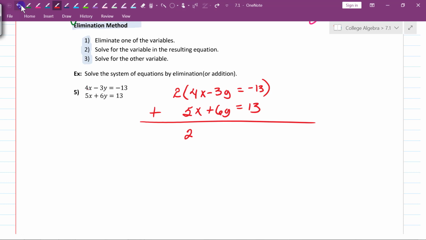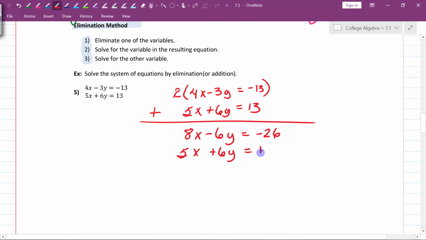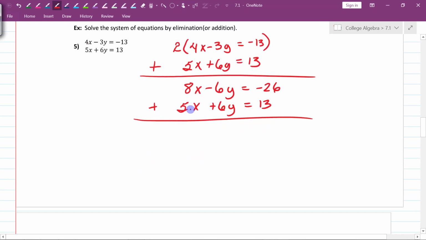So I end up getting 8x minus 6y is equal to negative 26. And now I'm just going to copy down the other equation. Add these two together. I get 8x plus 5x, and I get 13x. Negative 6y plus positive 6y goes to 0.